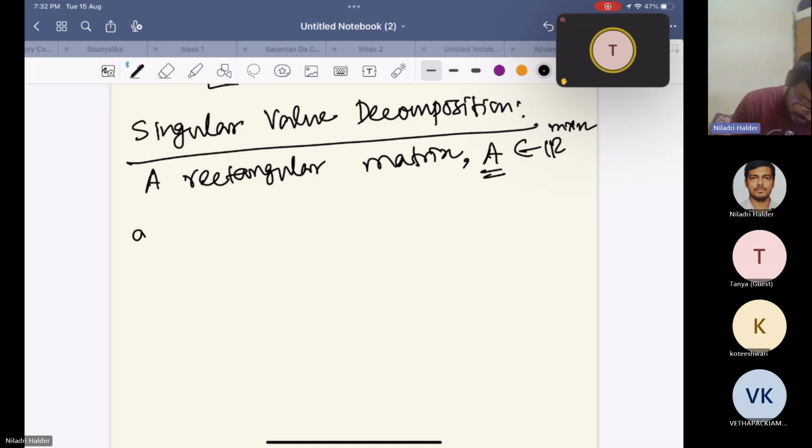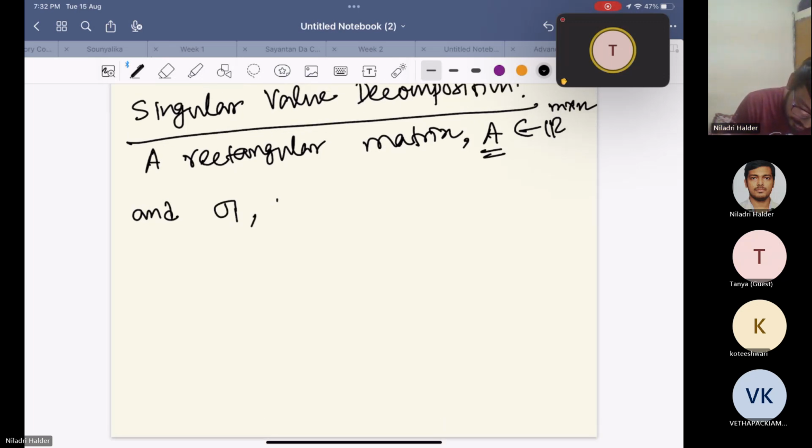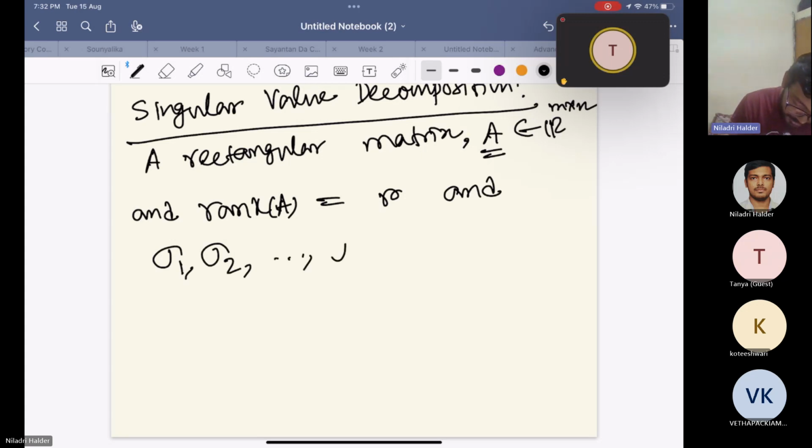And sigma 1, sigma 2, up to sigma r, and the rank of A is the same as r. Okay, and sigma 1, sigma 2, sigma r are the singular values for A.